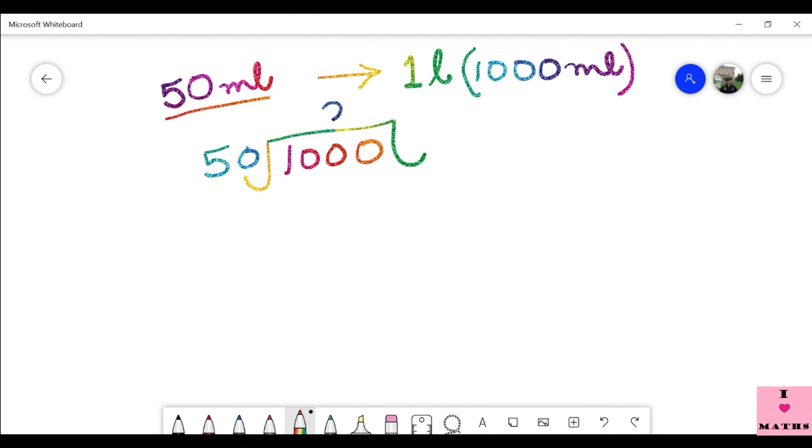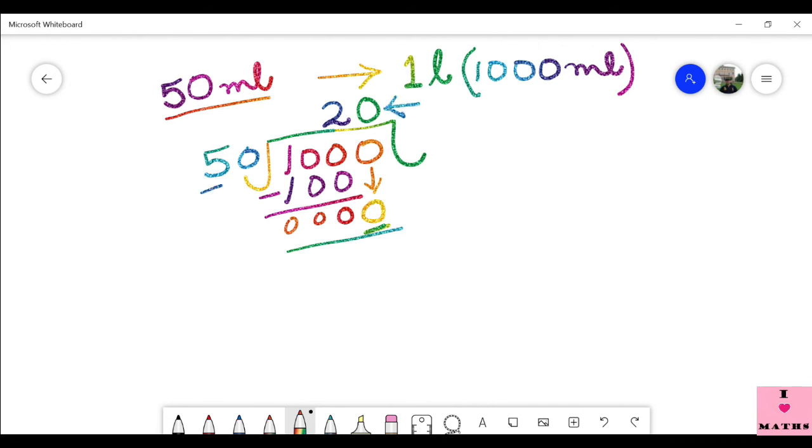Now 5 twos is 10, so 50 twos is 100. 100 minus 100 gives us 0. We copy 0. It does not come in the table of 50, so we put a 0 in the quotient. So children, we need 20 bottles of 50 milliliter each to fill up 1 liter bottle.